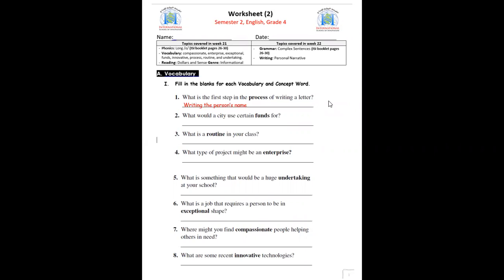If the city council has money, and they want to make the city better, what would they do with this money? Let's say we're living here in the city, and the city has money. It wants to do something for the city. What would it do for children in the city?